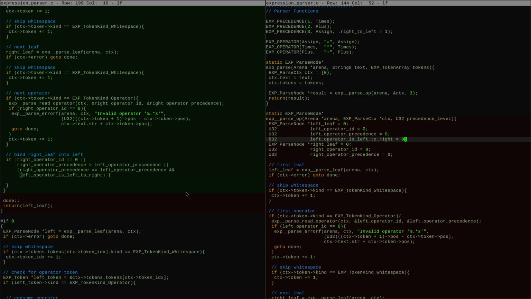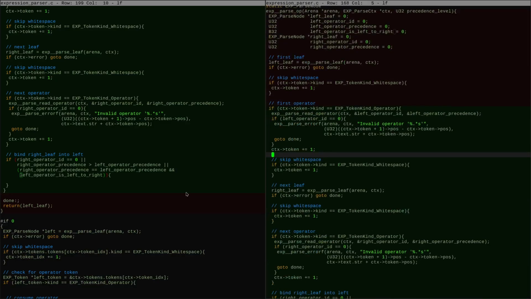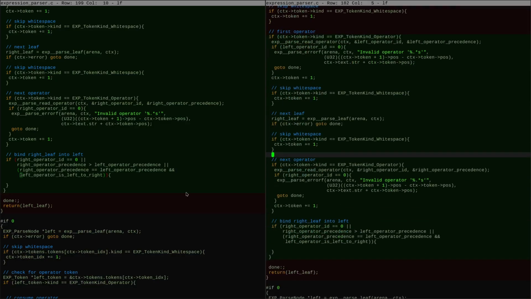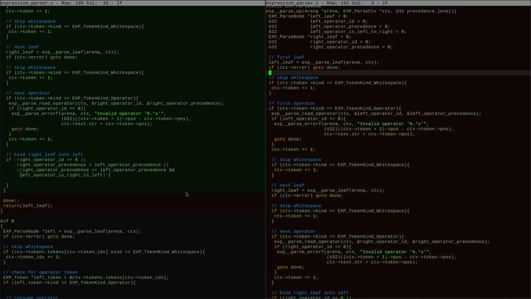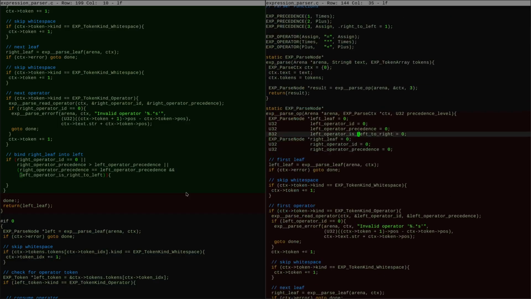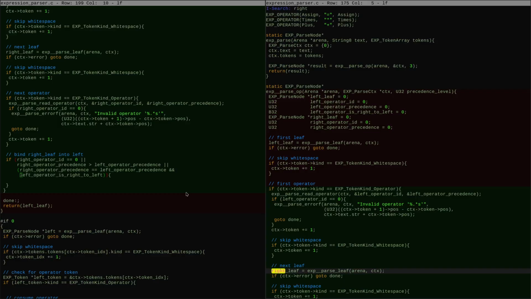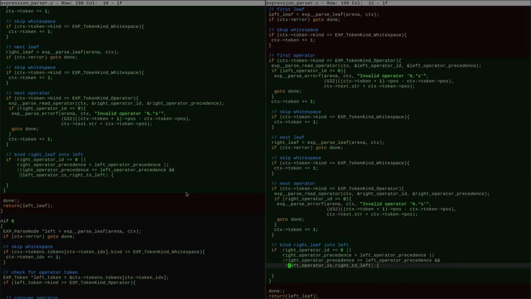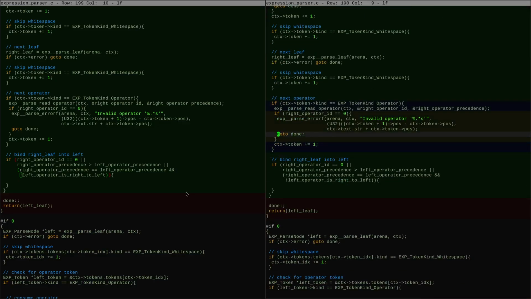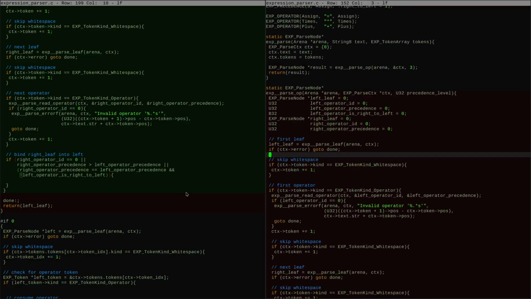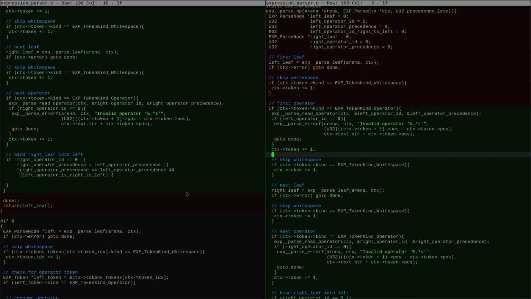We'll start off as false. It doesn't really matter what it starts off as. Probably do it this way though. Right to left is not right to left. So if the left operator is not right to left, how will we know if the left operator is left to right or right to left?